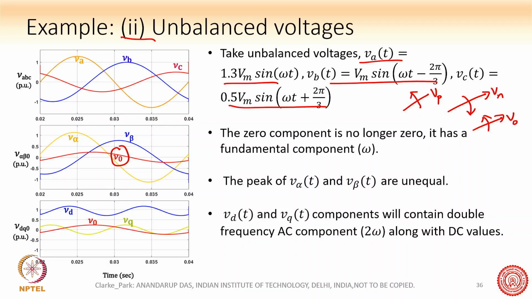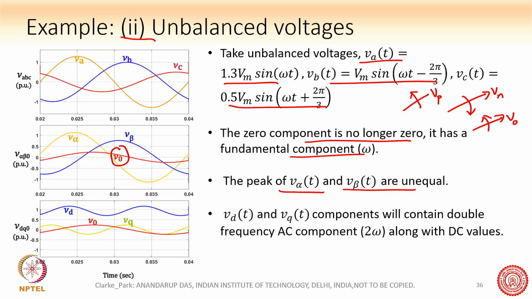So here we can see that the zero component is no longer zero, it has a fundamental component omega. And also the peak of V alpha and V beta are unequal.